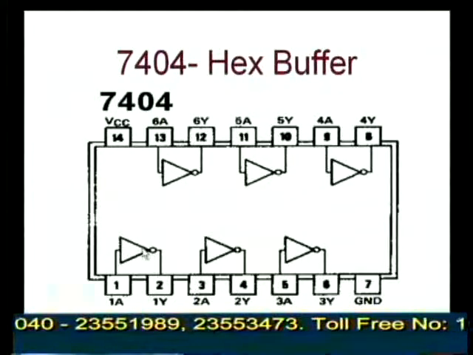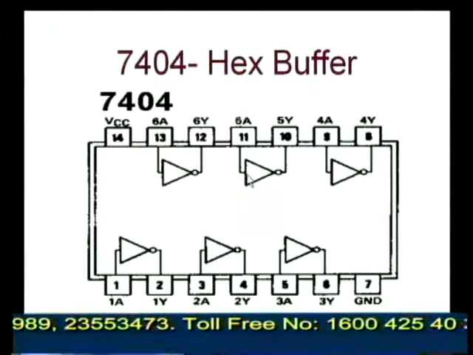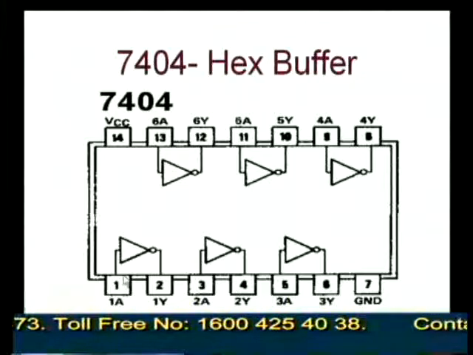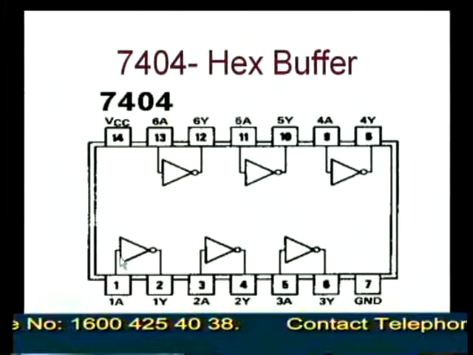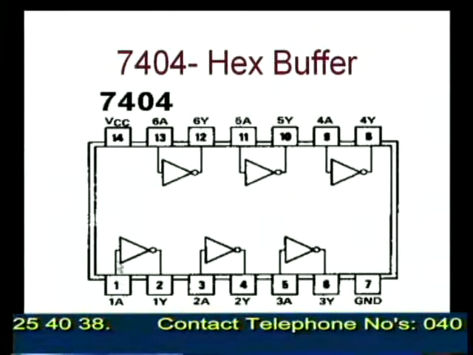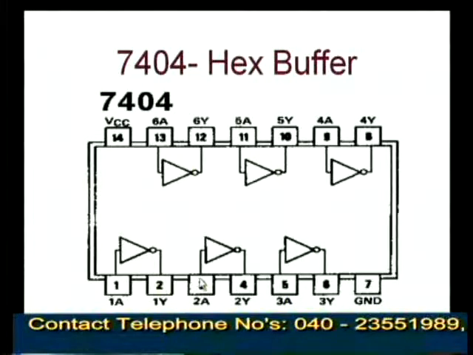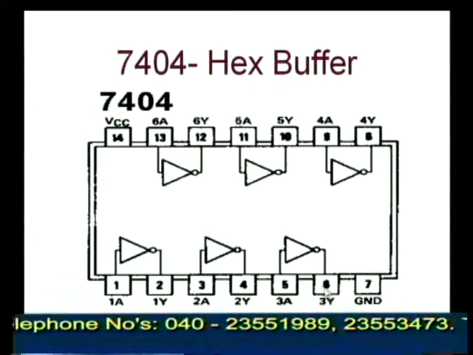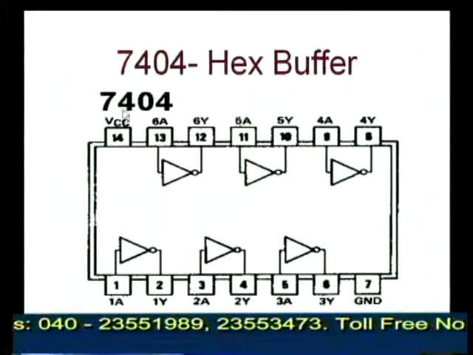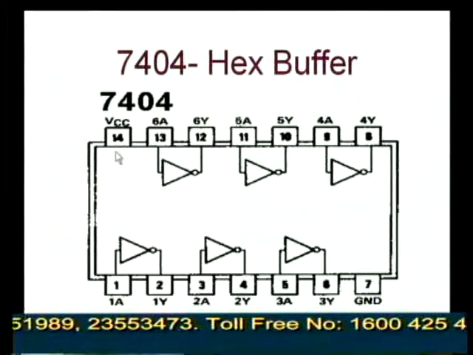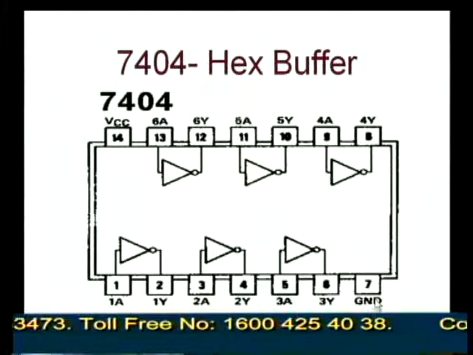It contains 6 buffers, 6 inverters. Each inverter is having one input and one output as such. So, connect the positive terminal of the supply at pin number 14 and the negative terminal at pin number 7.